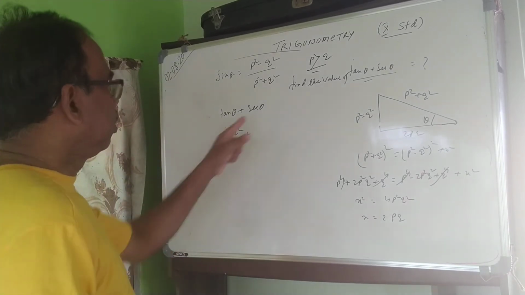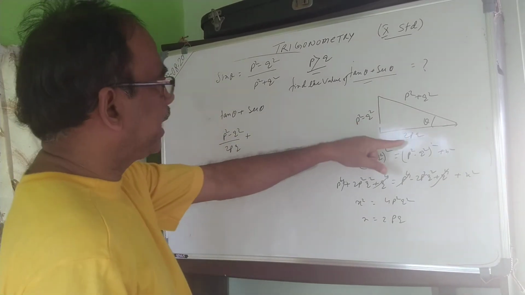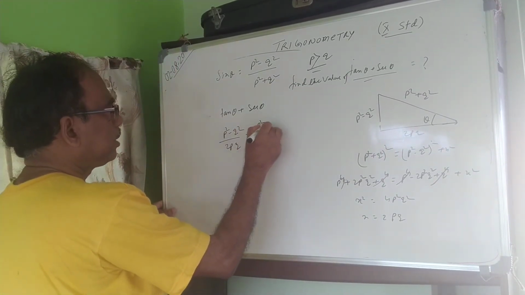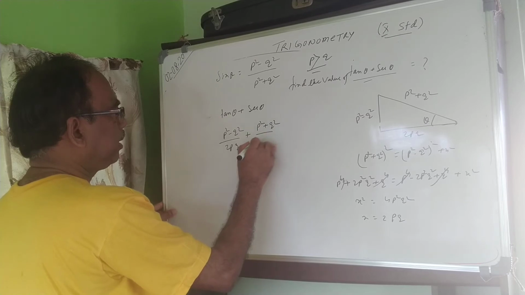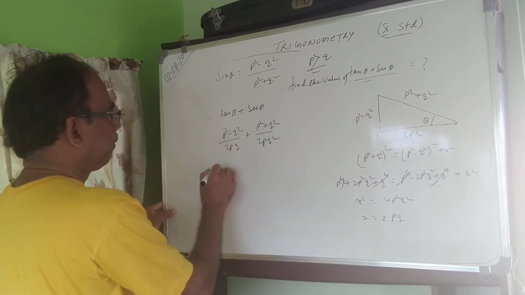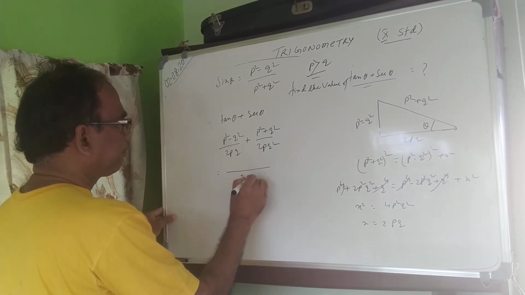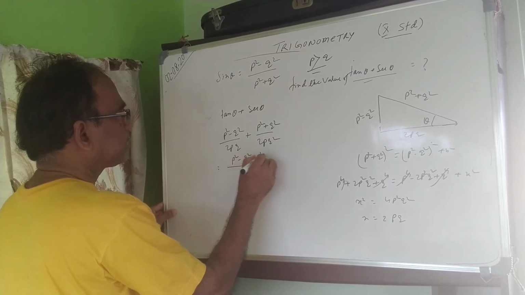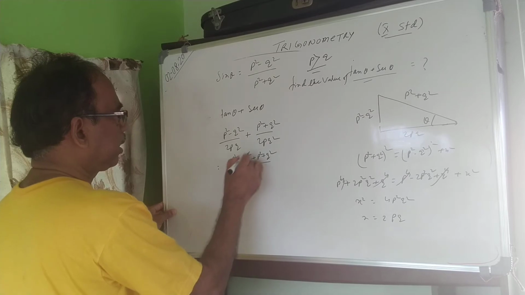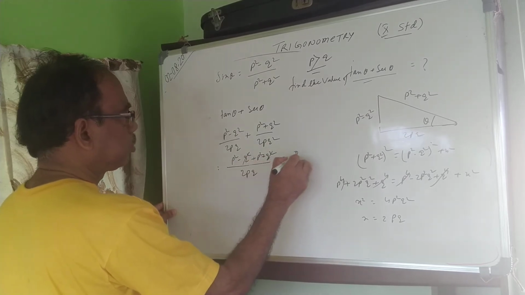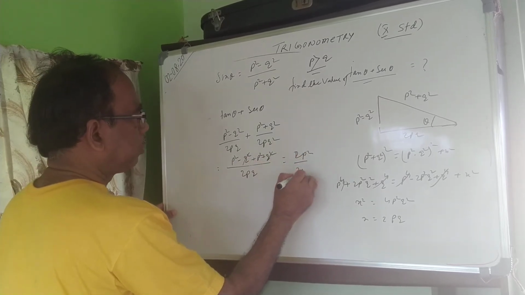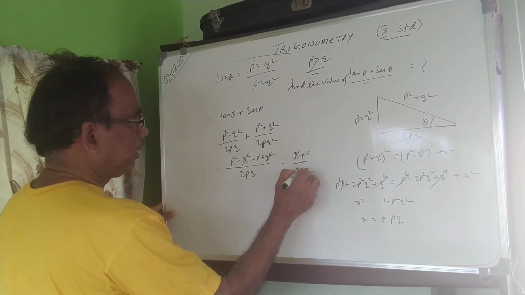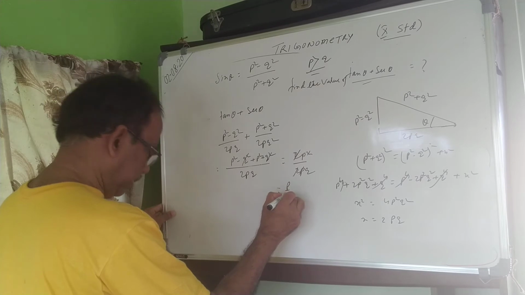Sec theta is 1 by cos theta, cos theta is base by hypotenuse, so sec theta is hypotenuse by base, that is p square plus q square by 2pq. Then with 2pq as the common denominator, the q squares cancel, that is 2 p square by 2pq. The 2 cancels and a p cancels, that is p by q.